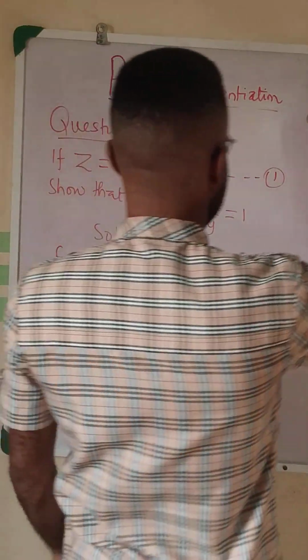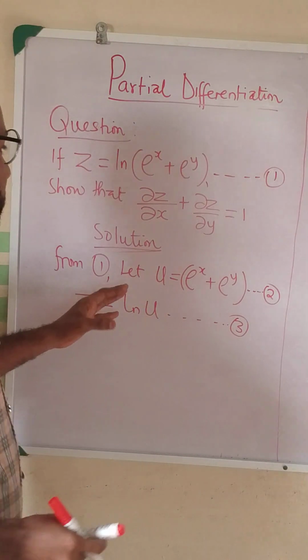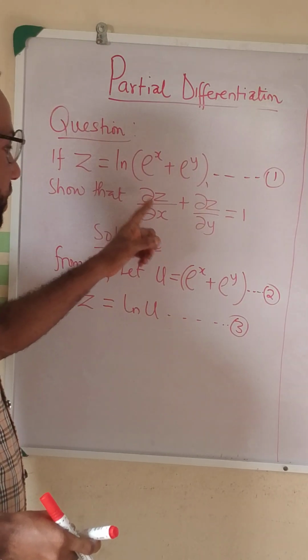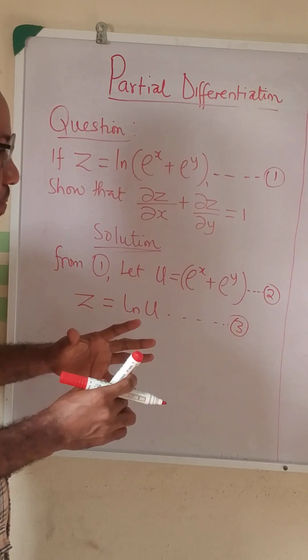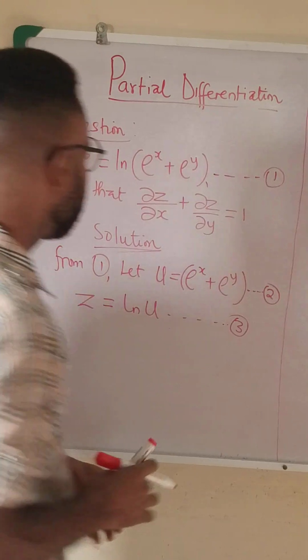Having done that, to solve this question we have to find the partial derivative of z with respect to x and that of z with respect to y. We add them and see if it is going to give us 1.